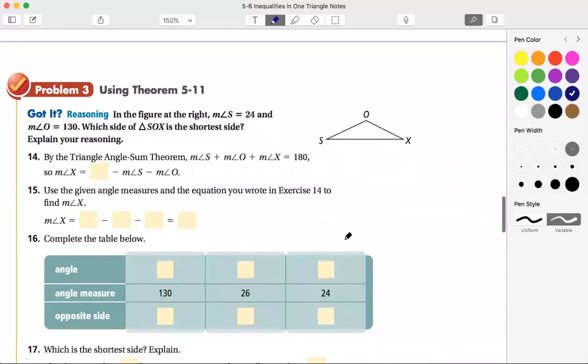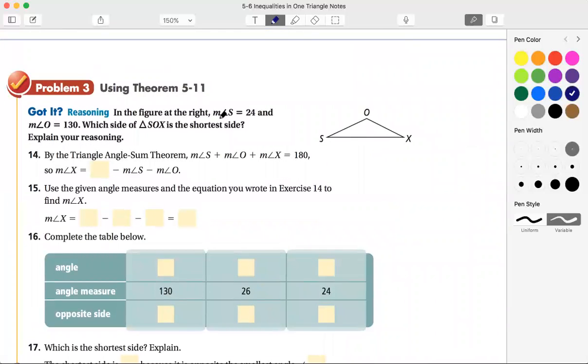Okay, let's use this. In the figure to the right, we know the measure of angle S is 24, so I like to mark that, and the measure of angle O is 130. Which side is the shortest side? Using the triangle sum theorem, the measure of angle X must be 180 degrees minus S minus O. Plugging in, 180 minus 24 minus 130, and I get 26.